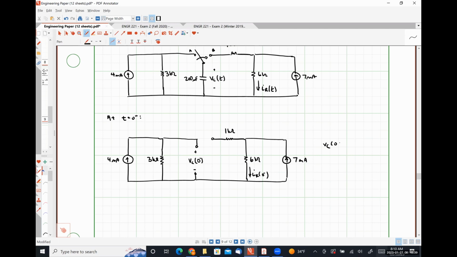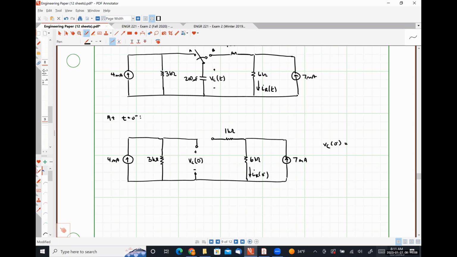Camille, what's my capacitor voltage at 0 minus going to be? The capacitor voltage at t equal to 0 minus, what should it be? Annie, you want to help her out? 12. Yeah.